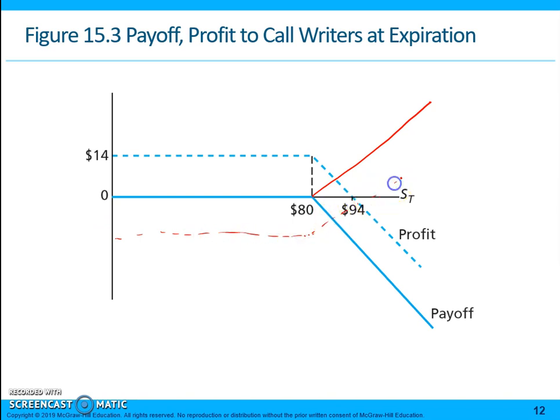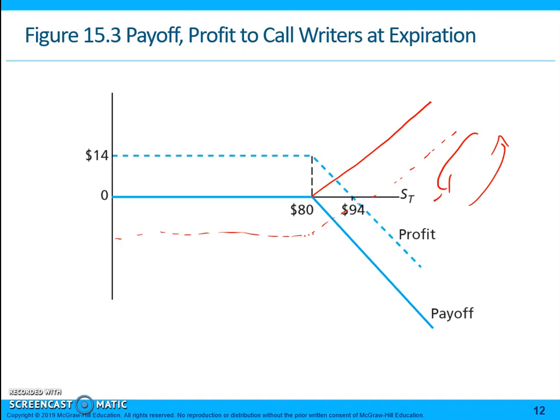Forgive me for my horrible lines, but all we're doing is rotating. If we go from a written call to a bought call, we just flip this over and this would go up. From a call bought to a written call, we flip it over and it goes down. We're going to talk about a put here in a second, and the idea is the same.